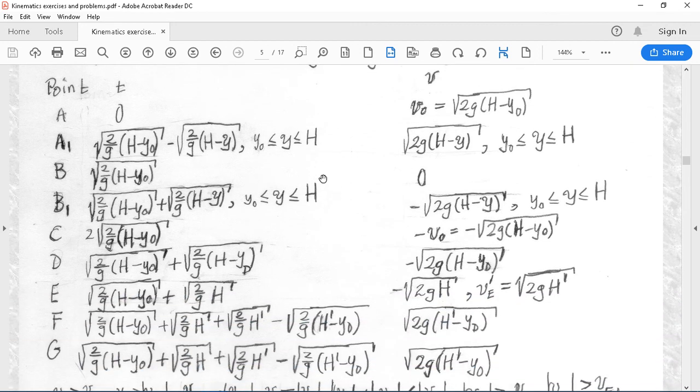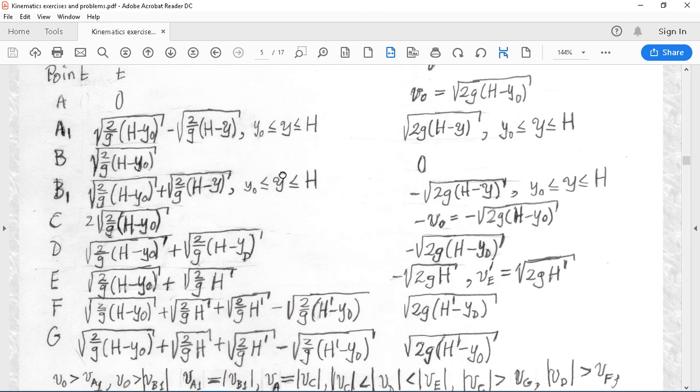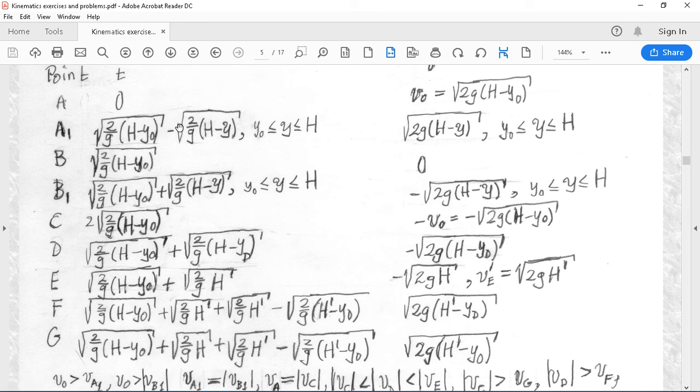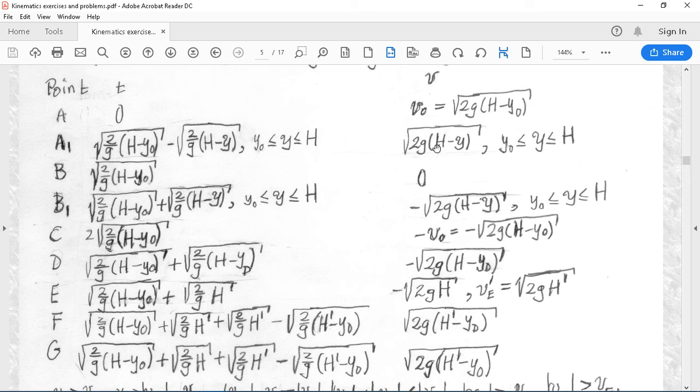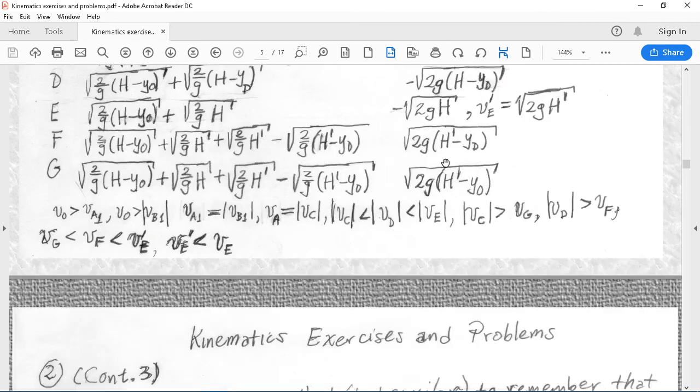Okay, so summarizing all the results in this table, we have the respective points, the respective time values, and the respective values for velocity. We have v0 greater than vA1.